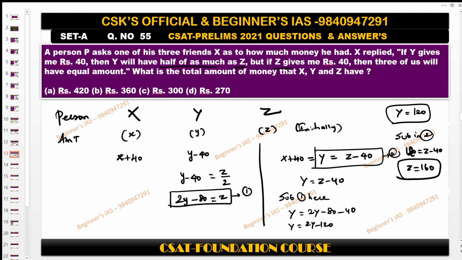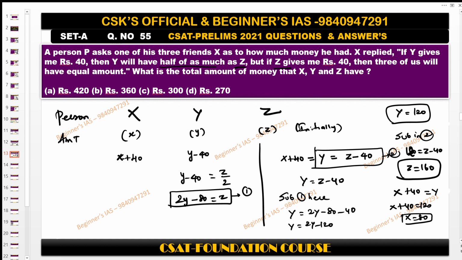After knowing z and y, you need to find x. So x plus 40 is equal to y, therefore x plus 40 is equal to 120, then x is equal to 80.